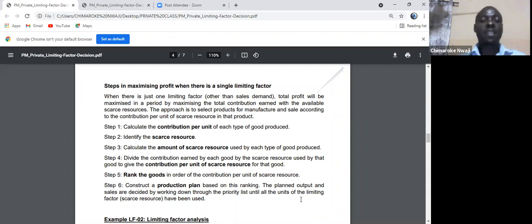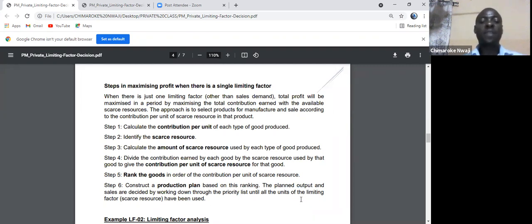Then, most times the question will give you the scarce resource. And when it does, then there is no need to carry out the operation in example 1. Just identify that that is the scarce resource. All right, so that's identifying the scarce resource in step 2.